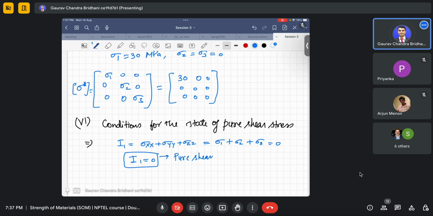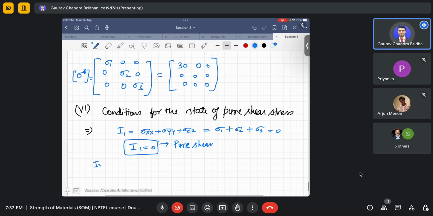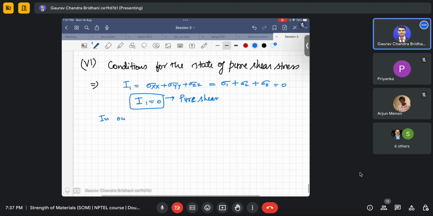The professor has already spoken about this in the class. So we see that in our case I1 is non-zero, it is not 0. So obviously this is not a pure shear stress state.